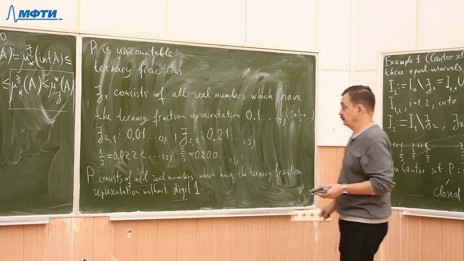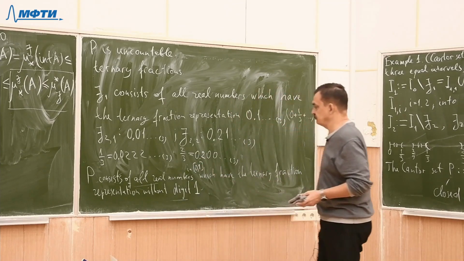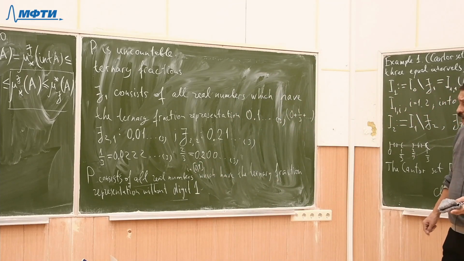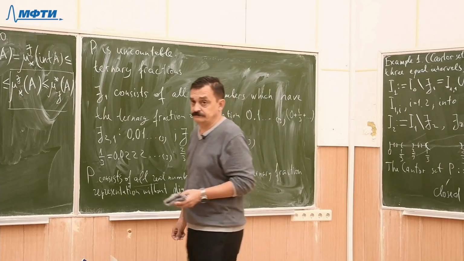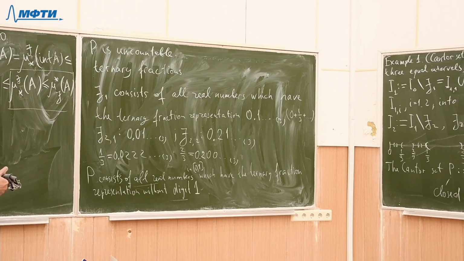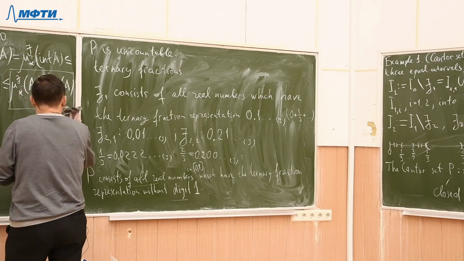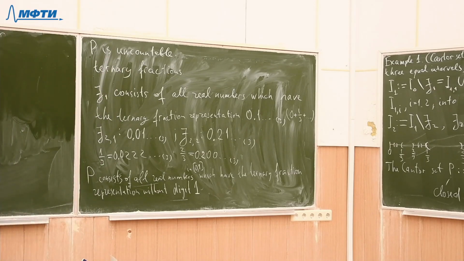And then let me now explain why it proves that P is uncountable. Recall that my claim is that P is an uncountable set.